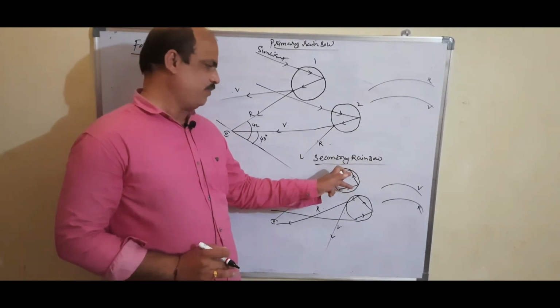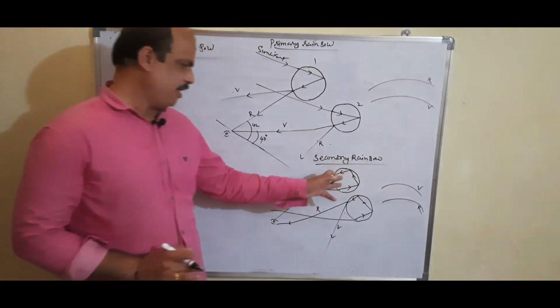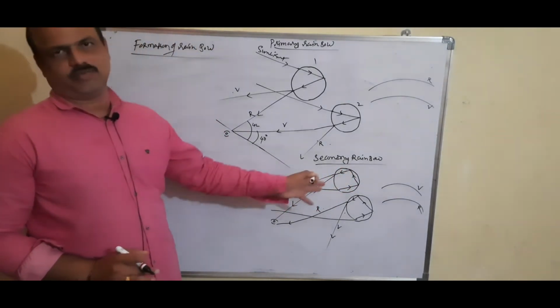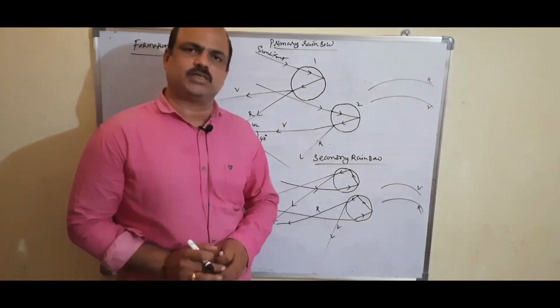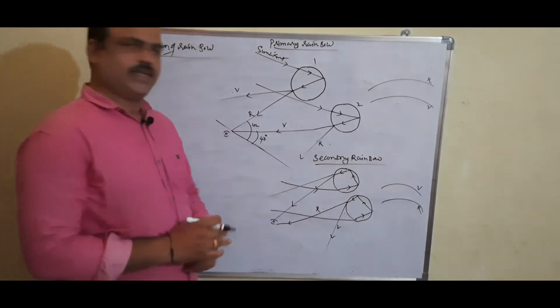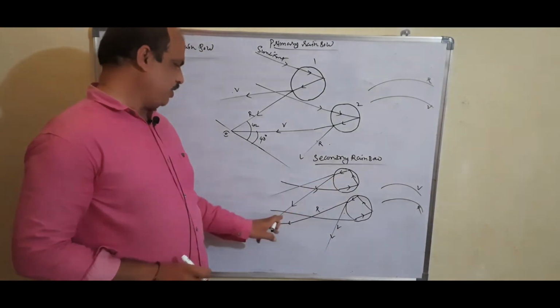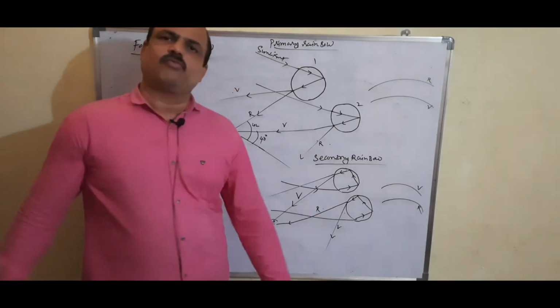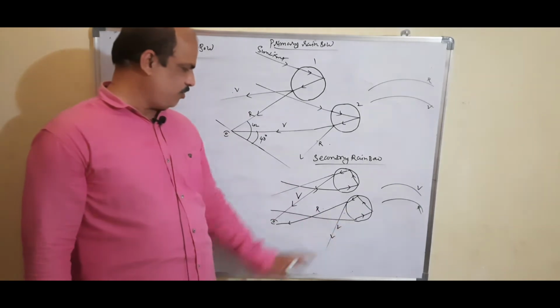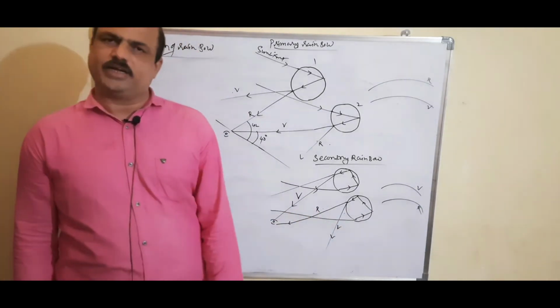Again they are refracted. Here 2 reflections take place and they emerge out as different colors. So from this drop only one color reaches the observer's eye, that color is violet. From this drop only one color reaches the observer's eye, that color is red.